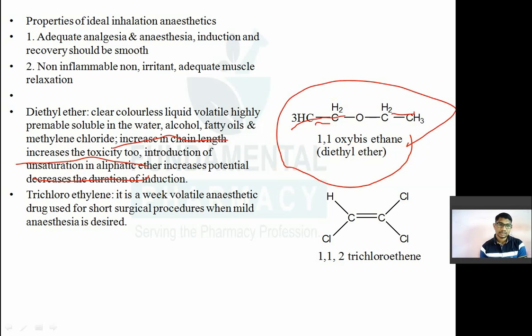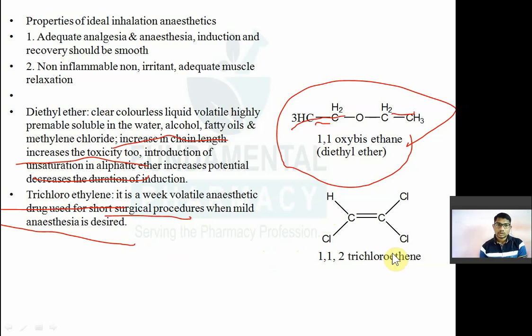Then the next drug is trichloroethylene. It is a weak volatile anesthetic agent and it is used for the induction of anesthesia for short surgical procedures. जो छोटे छोटे सर्जिकल प्रोसीजर होते हैं उसके लिए इसका, when mild anesthesia is desired. So if you require mild anesthesia, for example tooth extraction, आपका अगर दांत निकलना है, that requires mild anesthesia. Okay, likewise that.